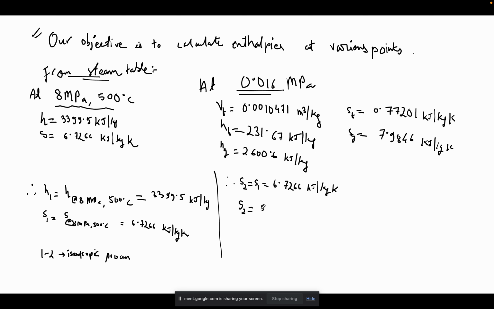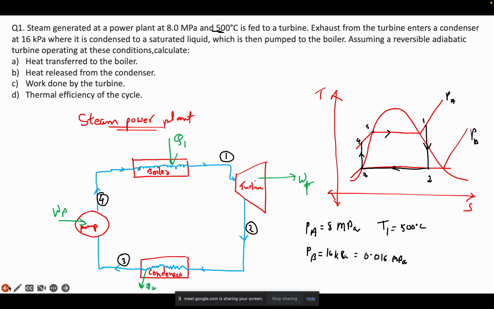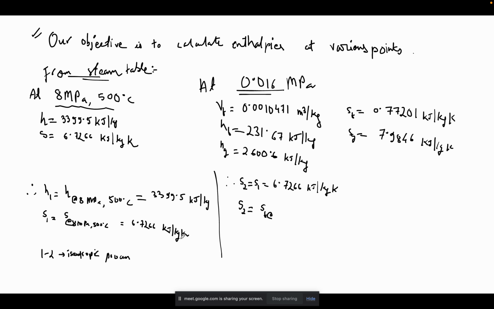It will be nothing but SF at this pressure level PB, that is 0.016 megapascal, SF at 0.016 megapascal plus x2 times SFG at 0.016 megapascal.